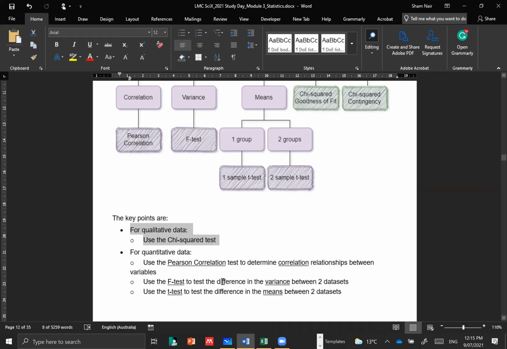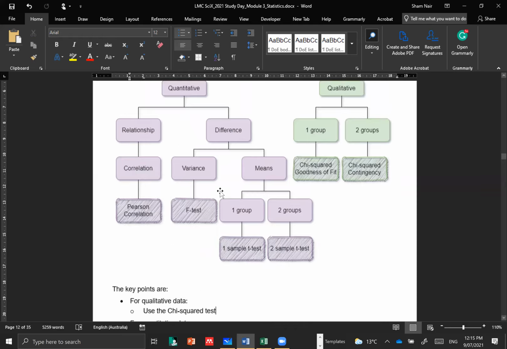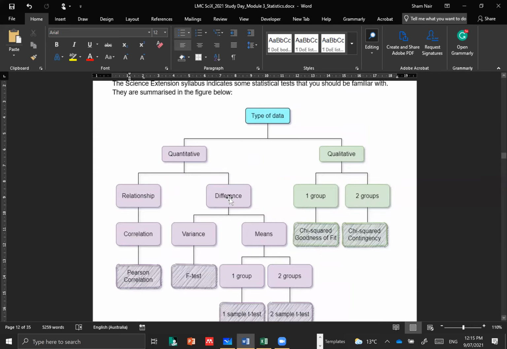Or if you're comparing data sets, then you would use either the F test or T test, depending once again on what data you're working with. So this page is quite important, because it gives you that overview of all the different types of tests.